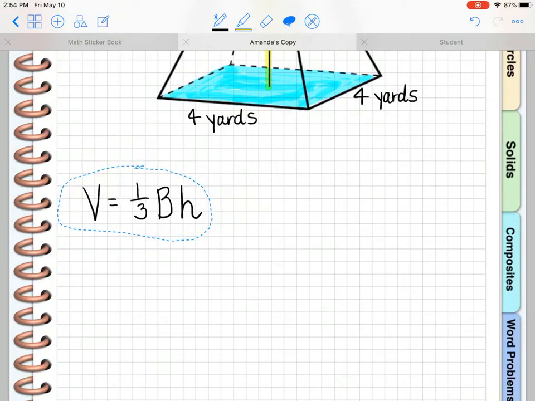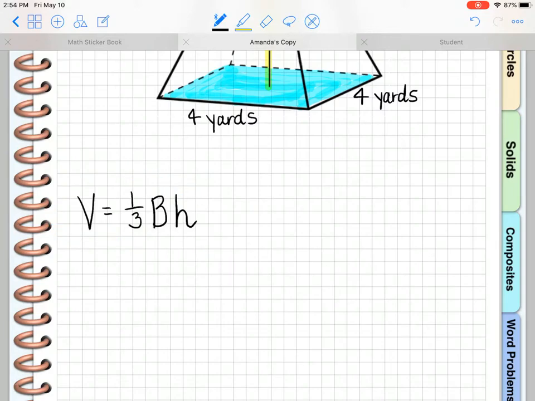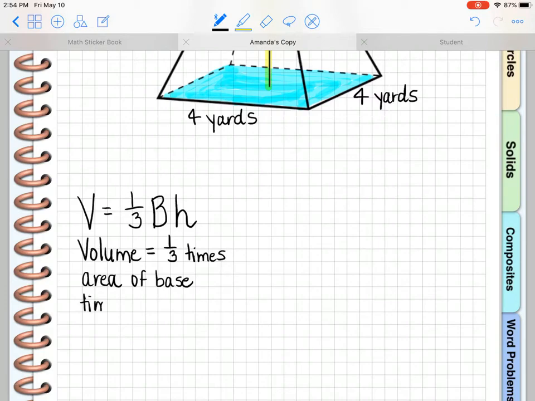It's saying if you want to know the volume of this shape, here's what you need to do. You need to take 1/3 times the area of the base, and that's why it is uppercase, because there has been math done to get the uppercase, times the height.